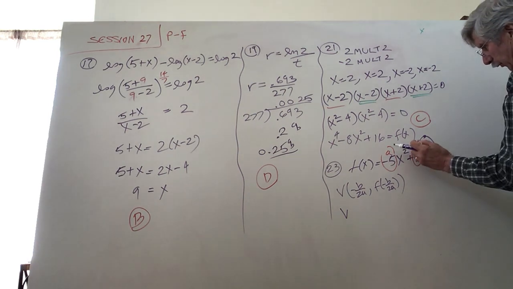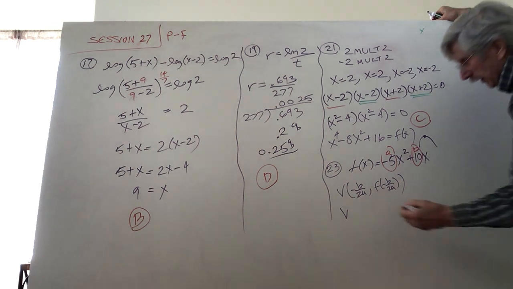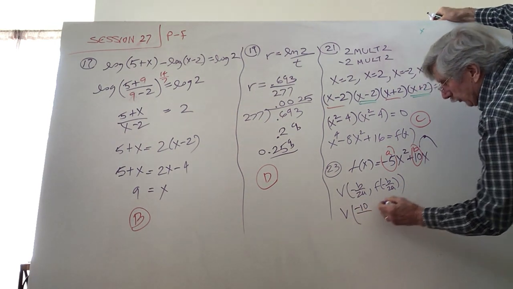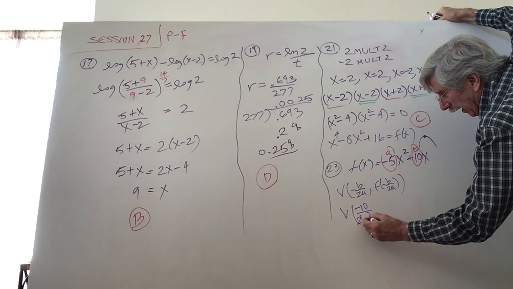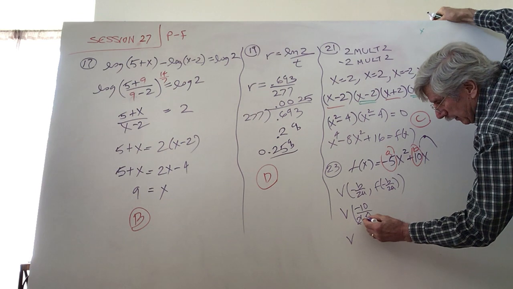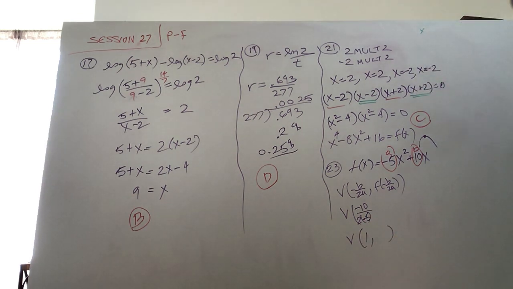C would be 0 if we needed it, but we don't need C at all. We just need B and A. So negative b over 2a: negative b is negative 10, over 2 times negative 5. So we're looking at negative 10 over negative 10, which should be 1. And if you check the choices, I think there might be a choice of 1 there.